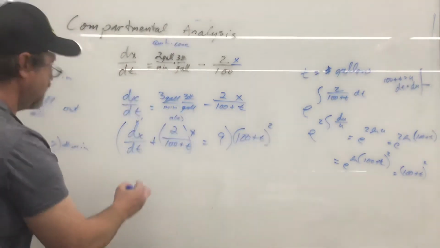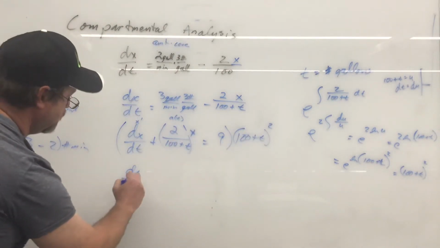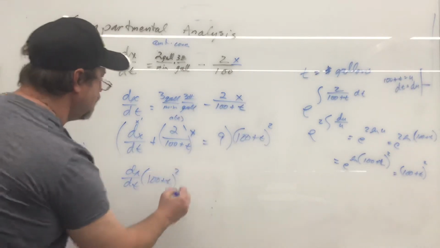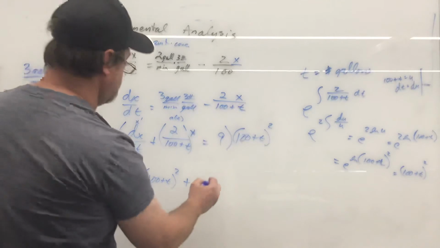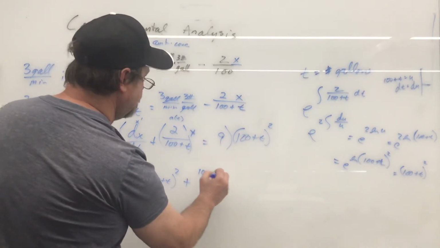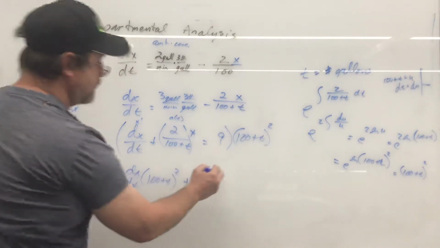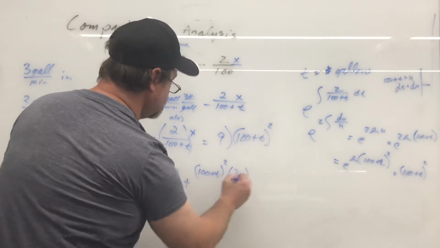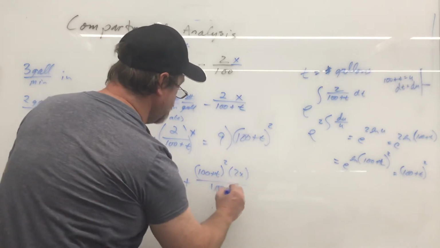So we're going to do that on both sides. And we get dx/dt times 100 plus t quantity squared plus 100 plus t squared times 2x all over 100 plus t.